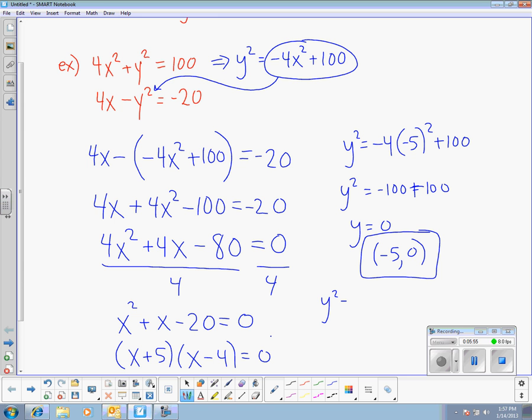y squared is equal to negative 4 times 4 squared plus 100. Okay, so that's negative 4 times 16 plus 100.